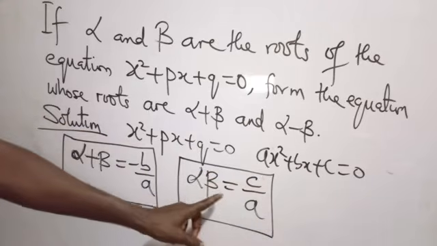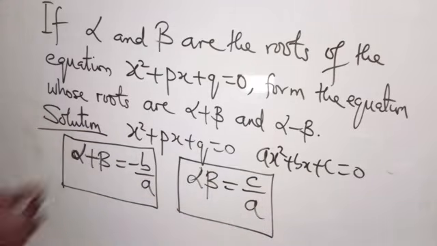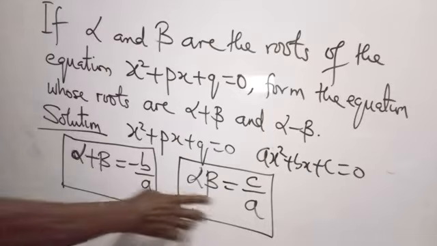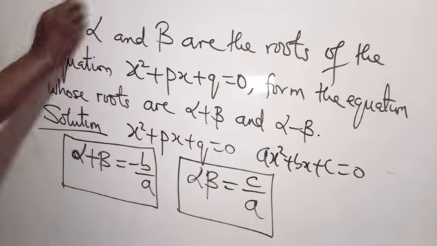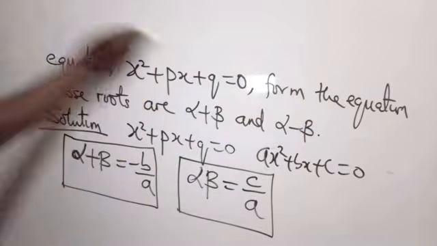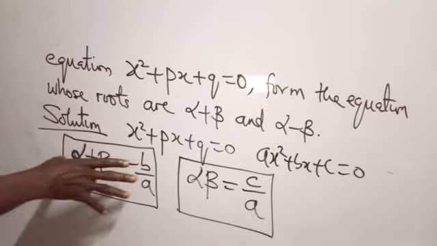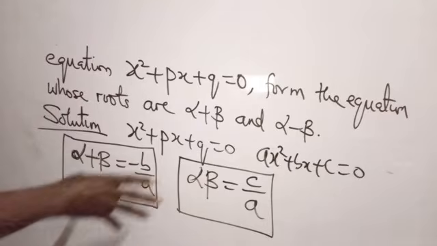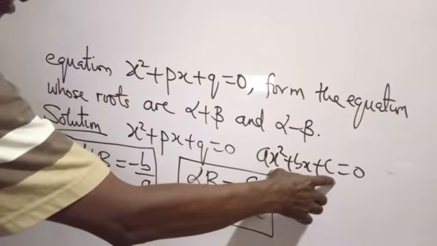And alpha multiplied by beta will be c over a, also with respect to this equation. Now, we are going to relate these particular equations with the given one. These values that we obtain here are the result we get if alpha and beta are the roots of this general equation.